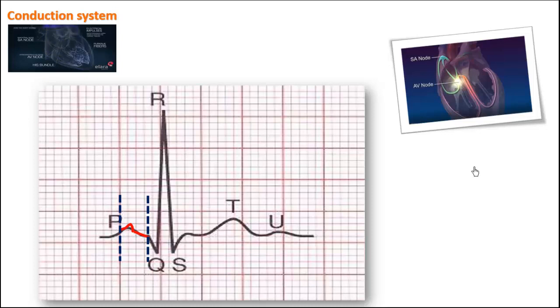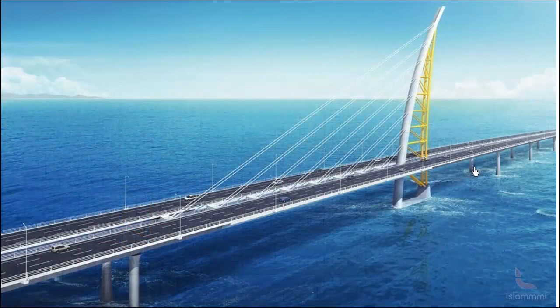As I said before, it is something like a bridge. The impulse will come from the atrium to the ventricle through a bridge. There will be a normal or physiological delay. Does anybody know why we should have a delay between the atrium and the ventricle? To make it easy for you, it's not a question, I will answer it. For two reasons.